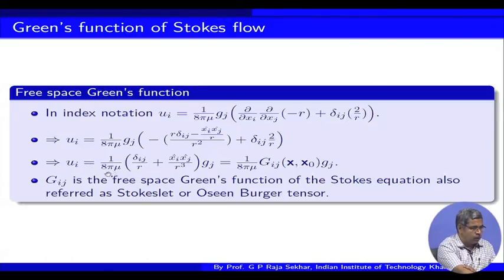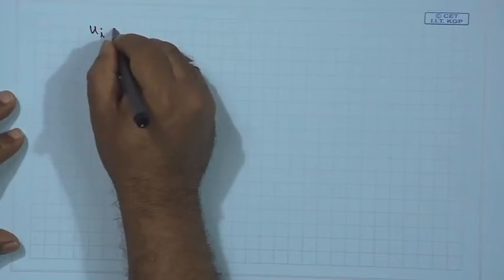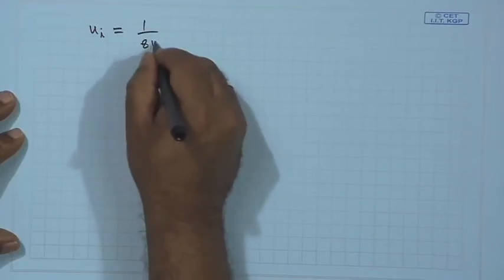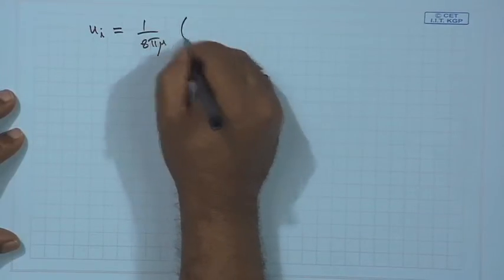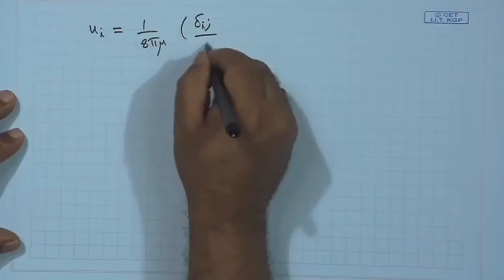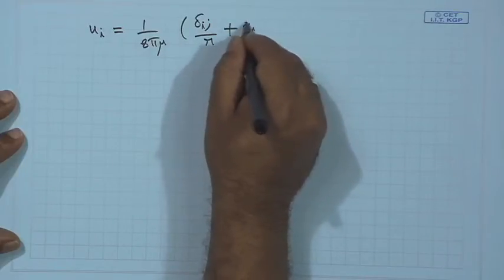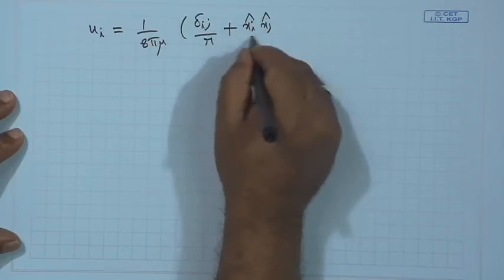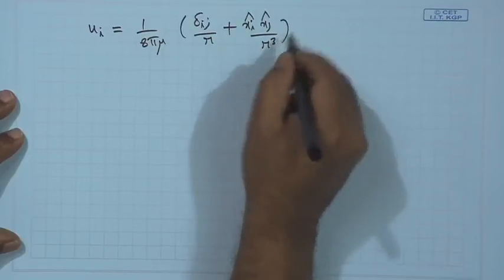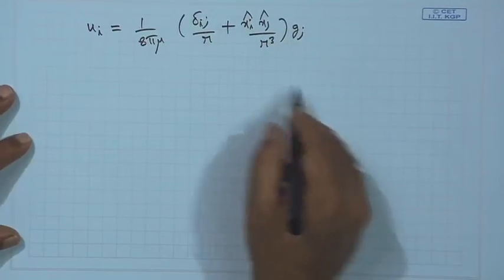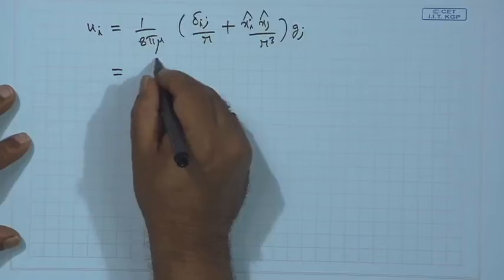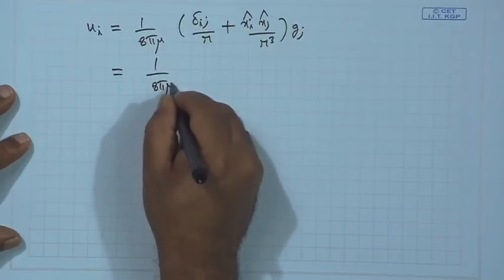This is in a slightly complicated manner, but this is the arbitrary solution. So, what we are getting is this, in tensor notation typically we write it.